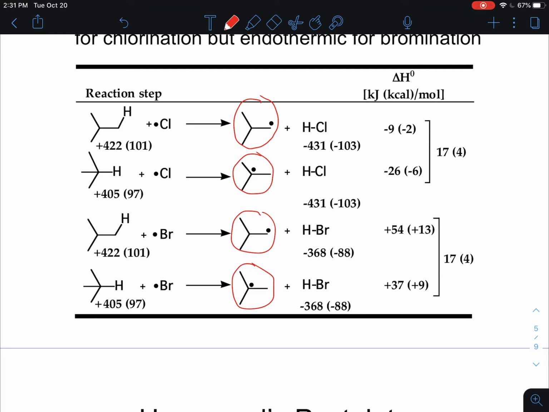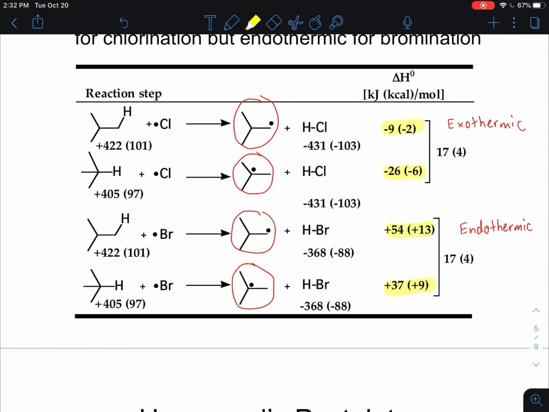So it turns out the overall energetics when chlorine is involved, we end up with an exothermic process. Just for this one step of chlorine pulling a hydrogen off, and for bromine, the same step ends up costing us energy. It ends up being endothermic. And you can see these energies are listed here for each one.